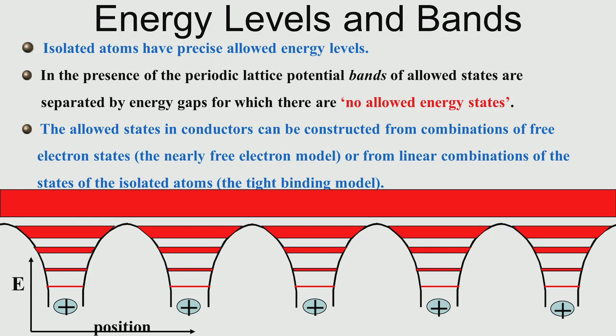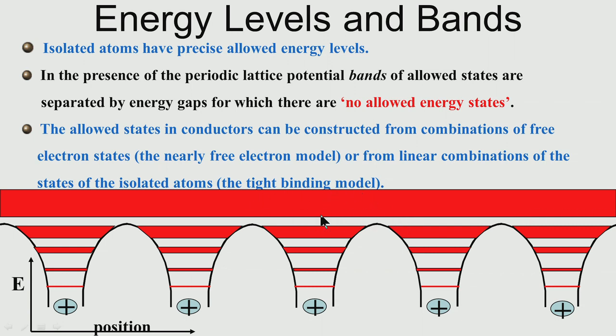Again, the same thing as what I have drawn there. We have seen this. You have the atomic nucleus there, and this is how the band formation happens in a solid. And these top levels, this is where you have the free electrons.